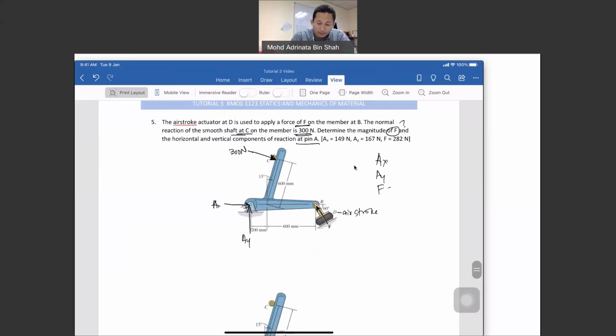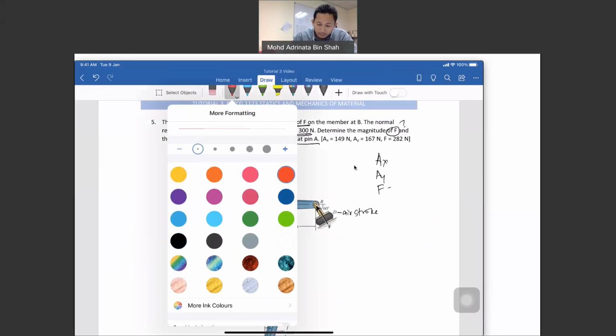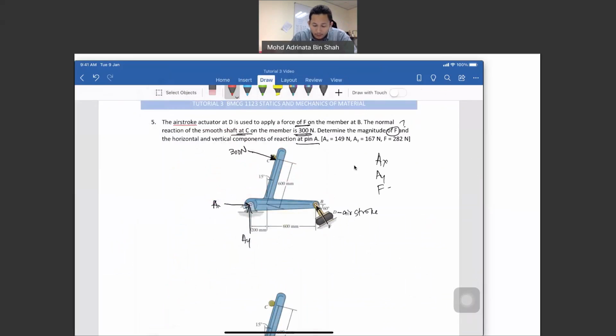So we have the equation and AX, AY, and at F we have F sine 60, and this one is F cosine 60.